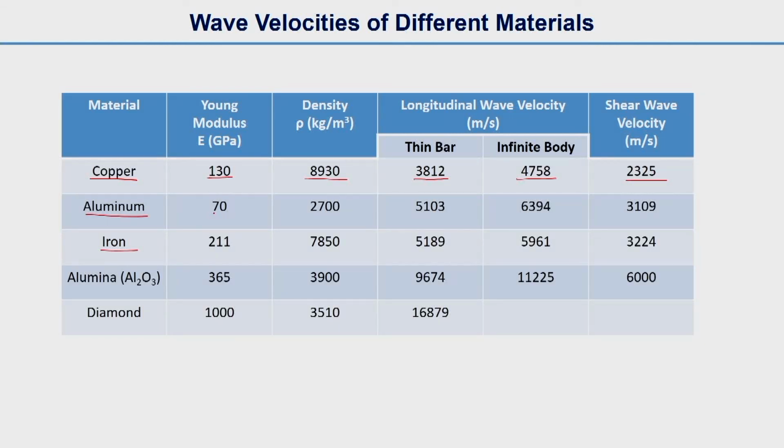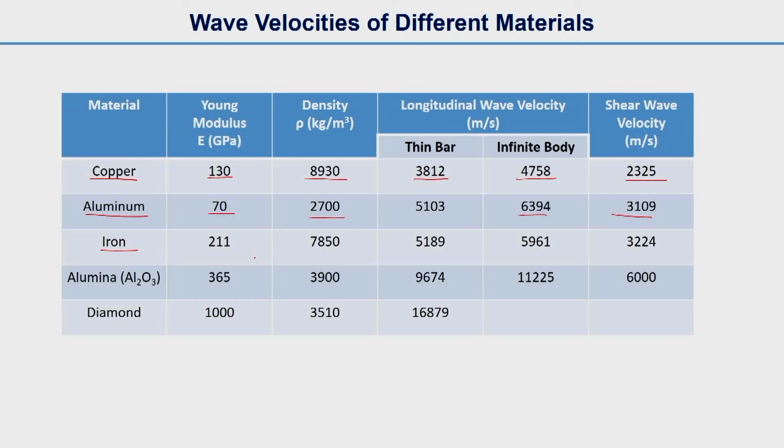Similarly, aluminum has a lower Young's modulus and lower density, which results in a higher longitudinal and shear wave velocity.